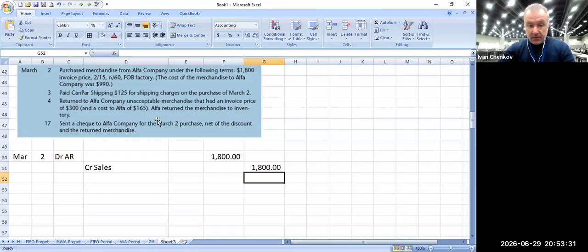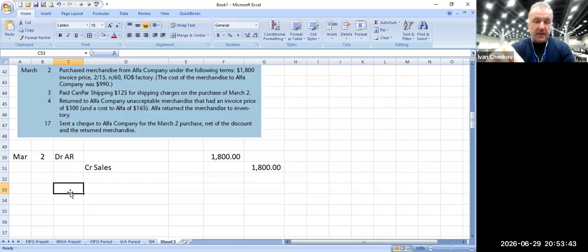That sales comes with the cost. Since we're selling merchandise, we have to show the cost of goods sold and the reduction in our inventory. And remember, we're using the perpetual system, so every sales transaction has to be accompanied by the cost of goods sold. So we're going to debit cost of goods sold.